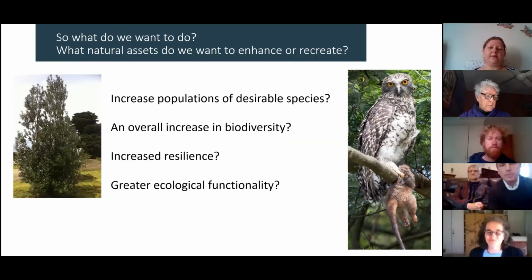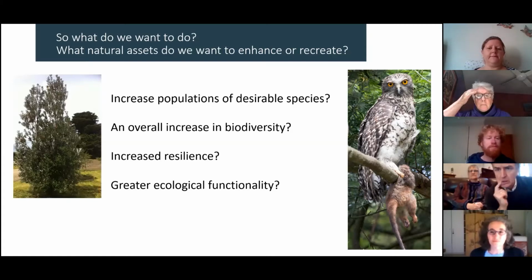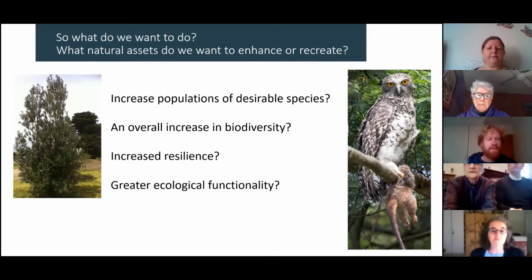Also, on the left, we've got Banksia marginata. The inland variety of this species is critically endangered. It came down to a few individuals in the Plenty Gorge.